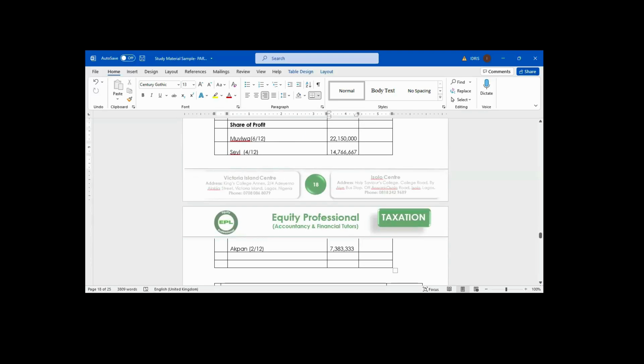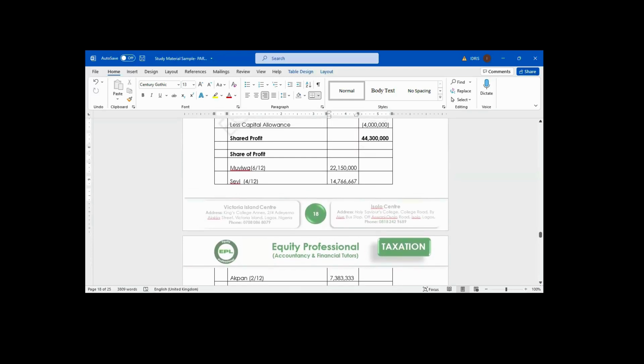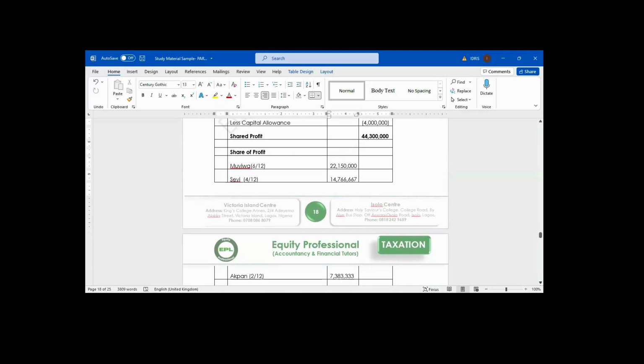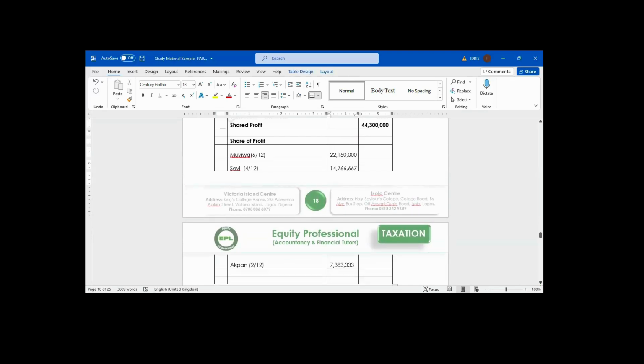So once we share this profit, Muiwa's profit will be 22,150,000. Sheyi's profit will be 14,766,667.